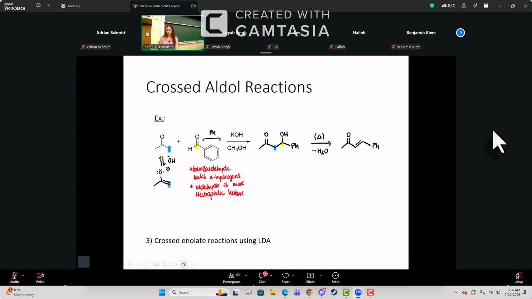Can you think of a reason why that might be? This is a benzene ring, right? So why might this dehydration occur so readily at room temperature? It's like it's really wanting to. Like it's eager to dehydrate. Why is it eager to dehydrate?